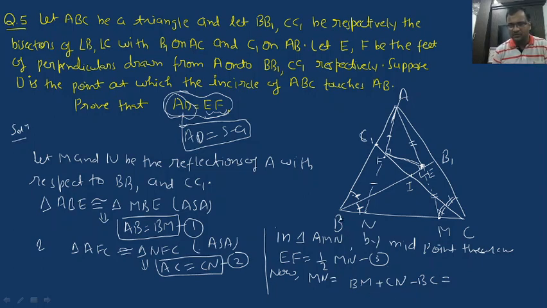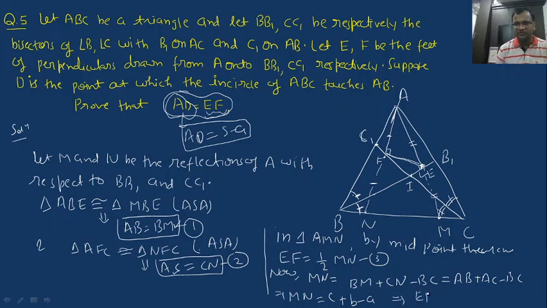BM length plus CN length minus BC is actually MN, and we can use these two relations. BM is actually AB, and CN is equal to AC. Therefore, MN is what? AB is c, AC is b, BC is a. MN equals b plus c minus a.